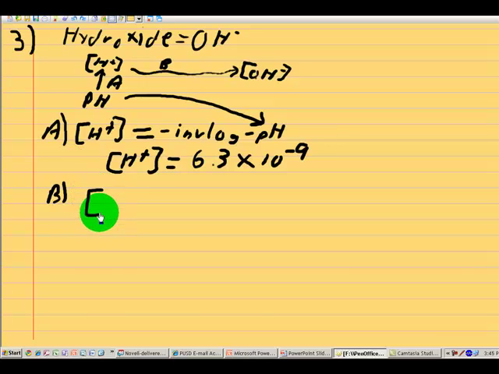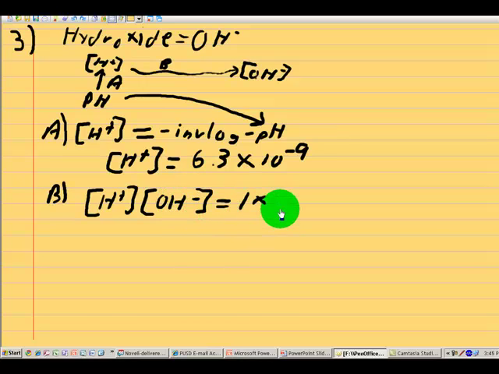The equation says that the H plus times the OH minus is going to equal 1 times 10 to the minus 14. That is the dissociation, or the breakdown of the water into the H plus and OH minus value.